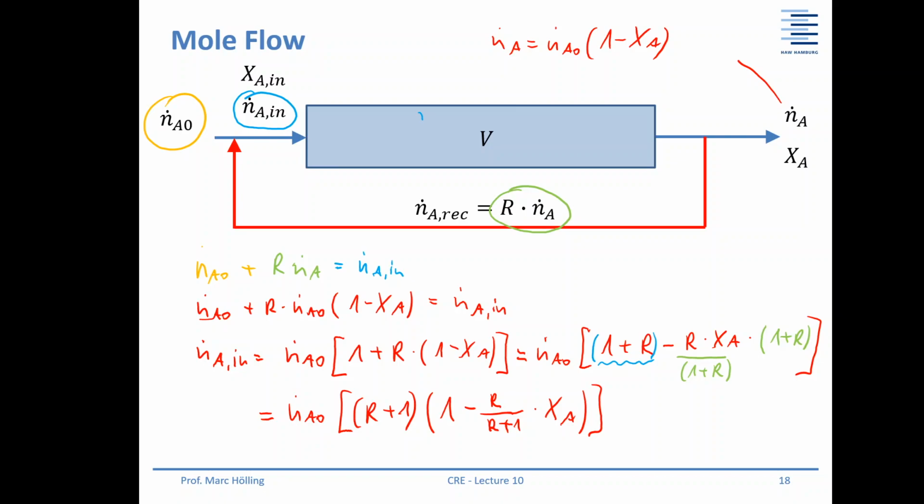So this plus 1 stands for this term, and minus R over R plus 1 times XA is the last term. Okay.